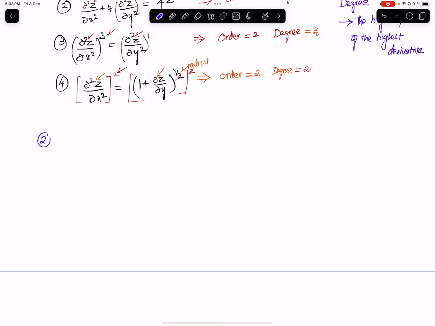So let us enter the second topic, the formation of PDE by eliminating arbitrary constants. For this, let me take some questions from the book.